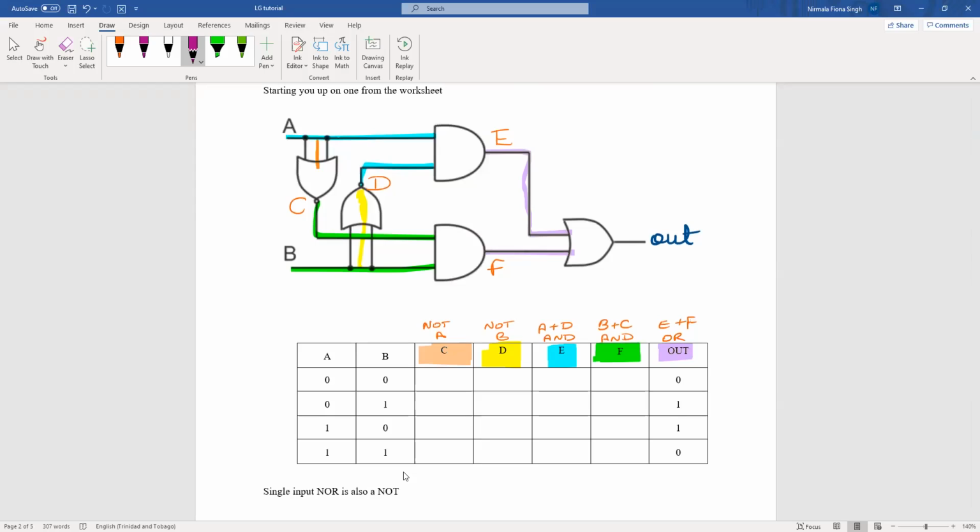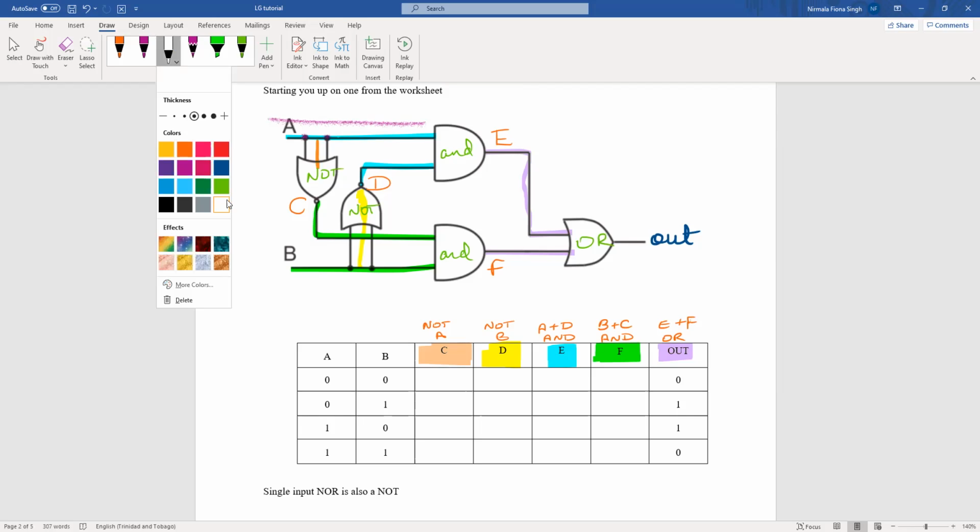So let's track and see. I have A going into my NOT, NOT, AND, and OR. Let's say we have A going to the AND gate, and then we're taking that A signal. Since only one signal is coming in here, we can treat it as a single input.